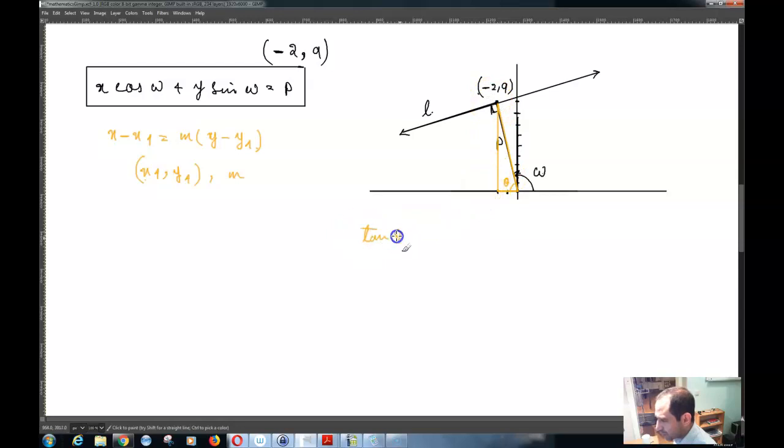So tan of theta would be equal to 9 divided by 2. But now, as you can see, this angle over here, omega, is equal to 180 minus theta.